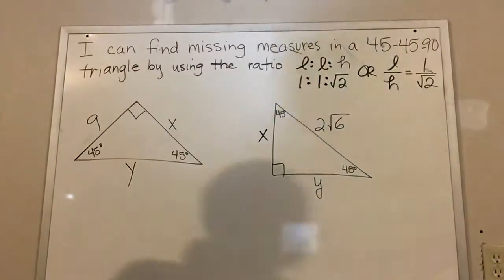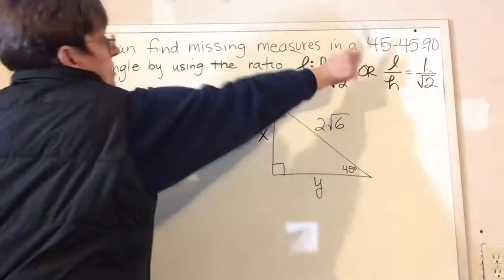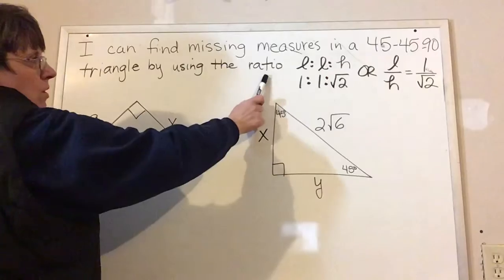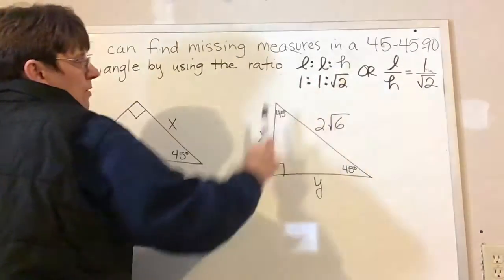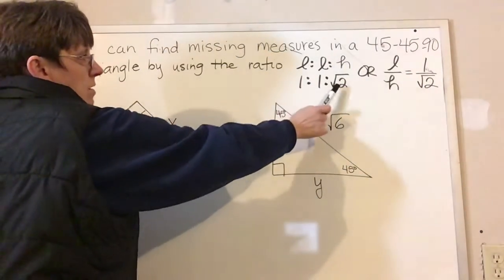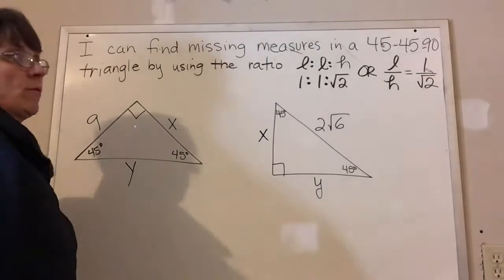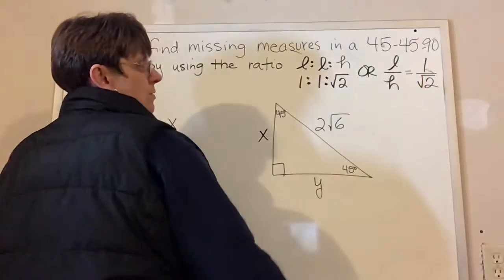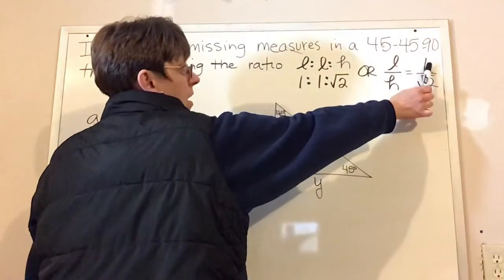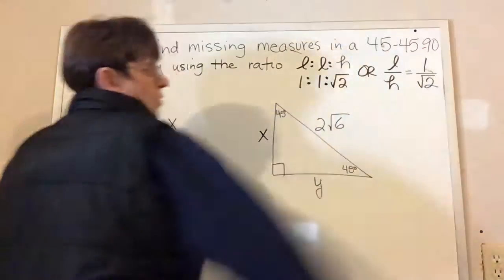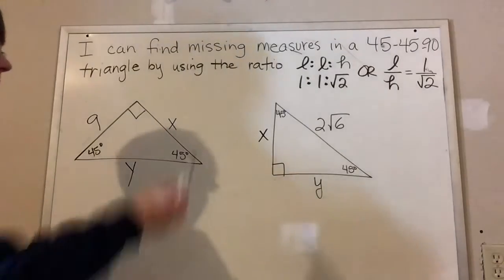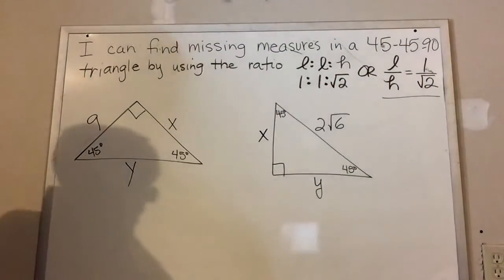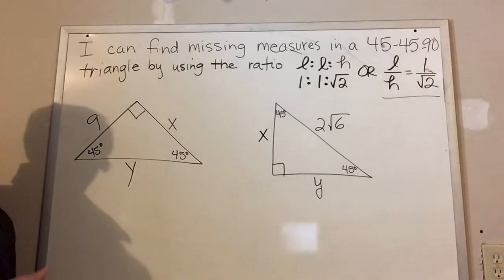Our goal is to find missing measures in a 45-45-90 triangle by using the ratio leg to hypotenuse, which is 1 to the square root of 2. From that, we can write a proportion where we compare leg to hypotenuse, and we compare it to 1 over the square root of 2. I'm going to use this pre-made proportion to find the missing measures over here.